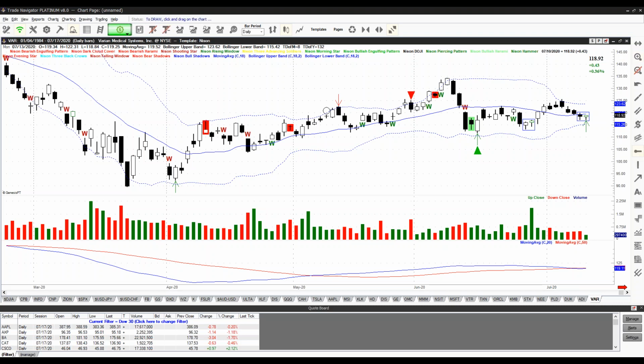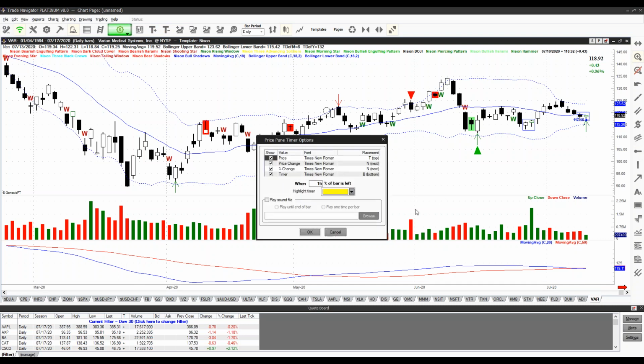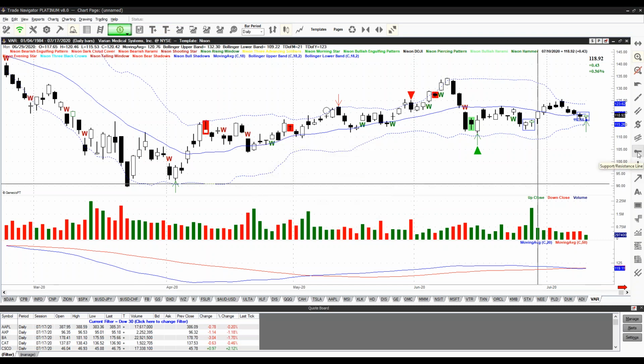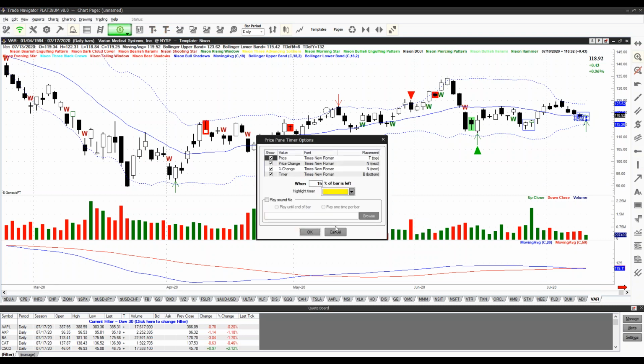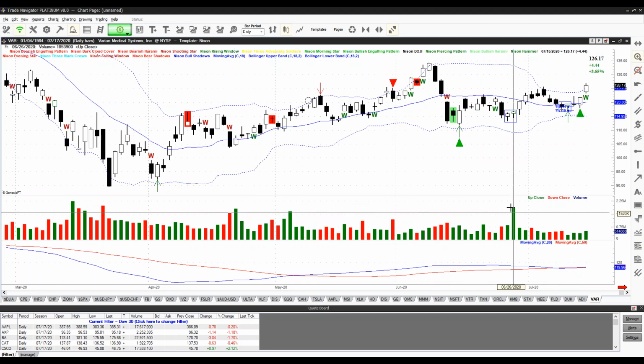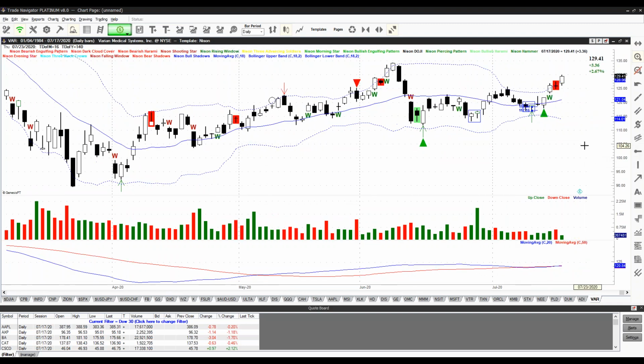So when I see a hammer, what I do is I draw in 2 lines, one right at the bottom of the hammer and another right at roughly the midpoint of that hammer, or the shadow, I should say. So just to make it easier, I'm going to delete those lines real quick so I can make it a little easier to see when we look at other time frames.